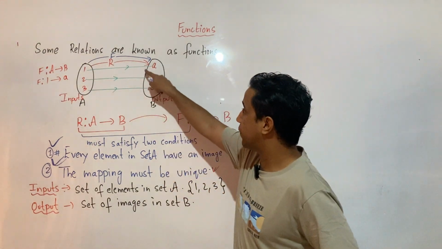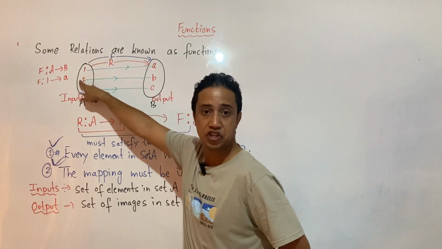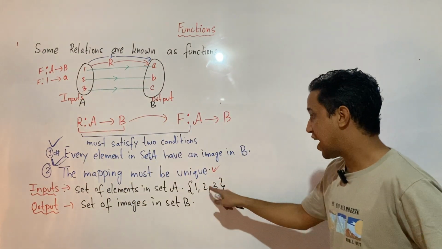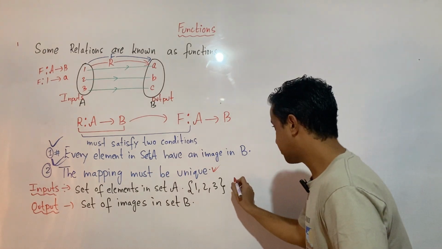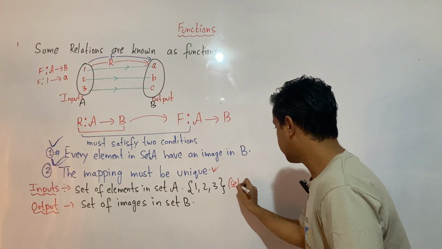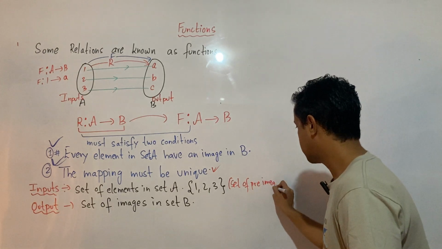If these are the images, then for every image you have a pre-image in set A. So here I can also say that inputs are also the set of pre-images.